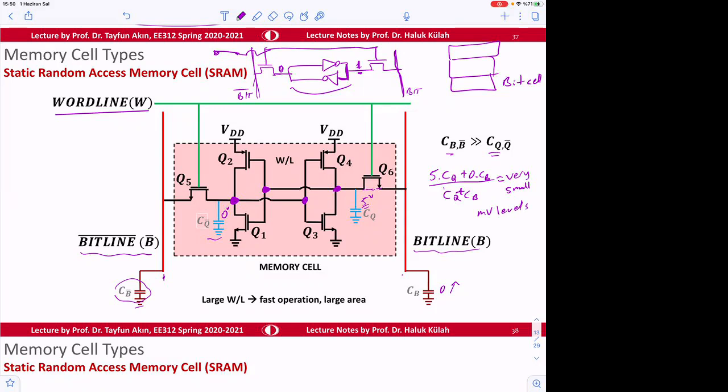Okay, so therefore, reading the internal data out, we will be doing some tricks to be able to read that at the output.